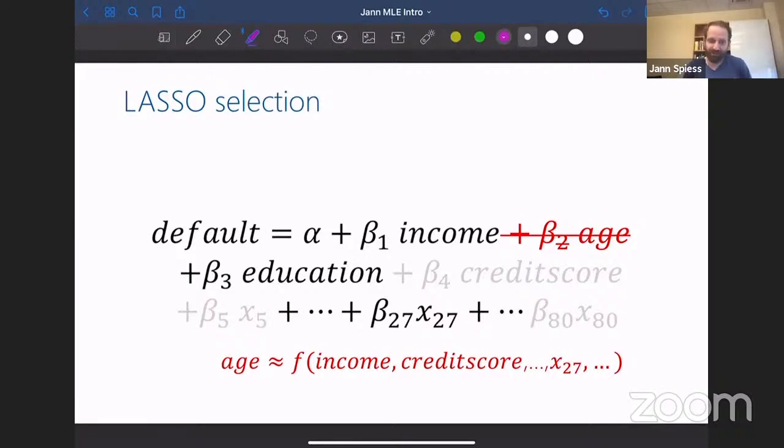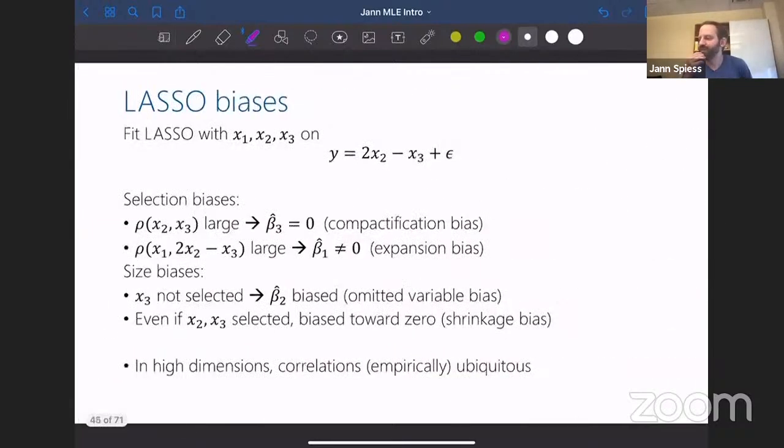But if I care about estimation, or for example, I care about understanding whether certain people are treated differently, or how I should change something on the right-hand side in order to affect the left-hand side, then it becomes of primary importance that I'm exactly able to distinguish whether the main driver here is age or whether it's income. But if it's just prediction, I just care about predicting on the same distribution, then I don't really care about that. And so what kind of biases can happen here?